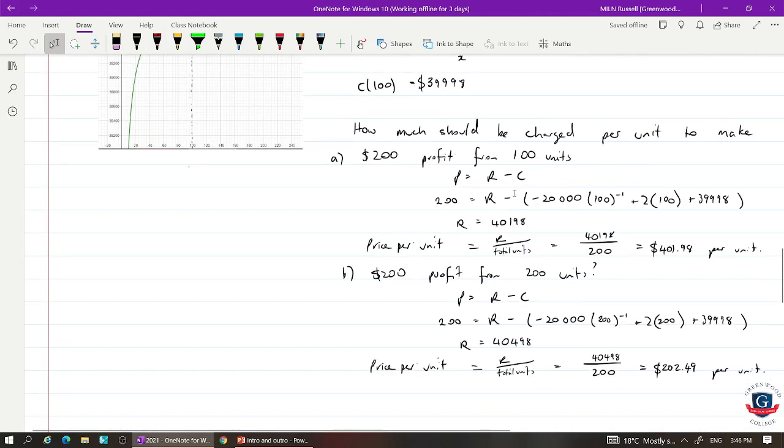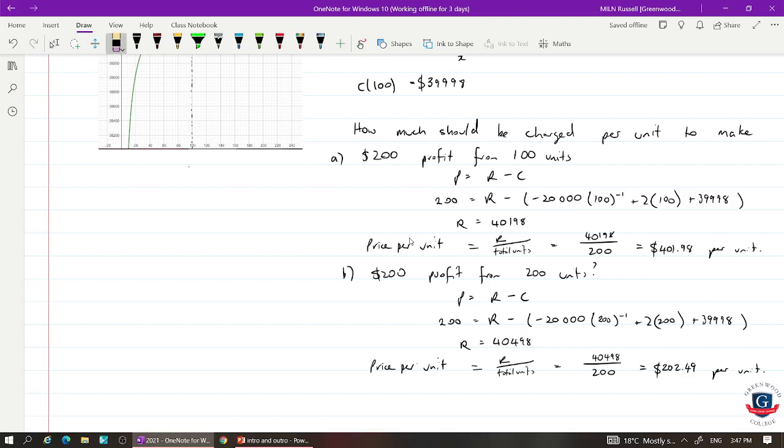Profit equals revenue minus cost. We want to make $200 of profit. We don't know the revenue, we do know the cost. Solve for revenue, and we get this. And if we divide then by the number of units that we want, except I made a mistake up here.